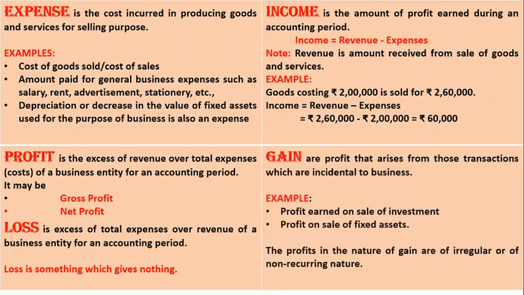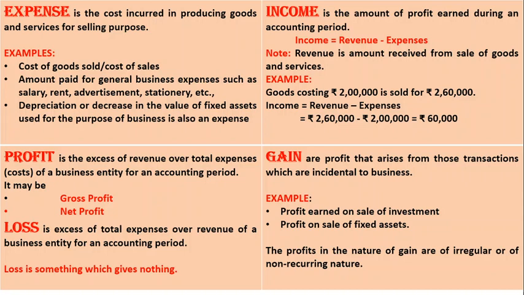And then there is a word called gain. Now this gain is not similar to profit in accounting. Income and profit can be taken as one, but the word gain is used for transactions which are incidental to the business. That means a gain is not like a normal course transaction that you earn.